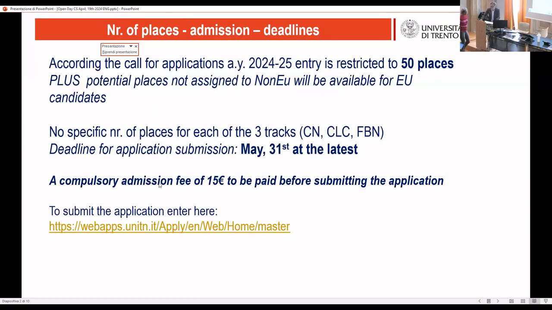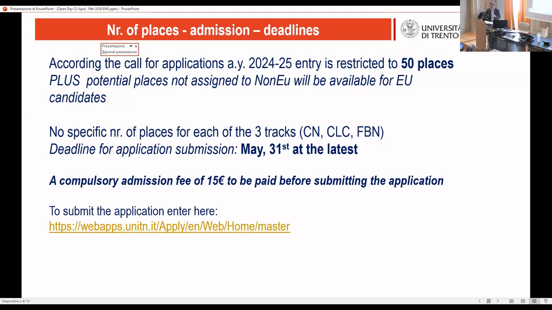Okay. First of all, number of places available. For European students, 50 places are available, but some places could be added in case of non-new students. Important to underline that there is no specific number of places for each track, so these 50 places are for the entire master course.